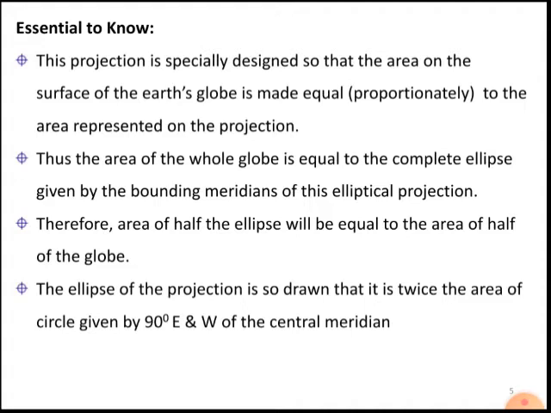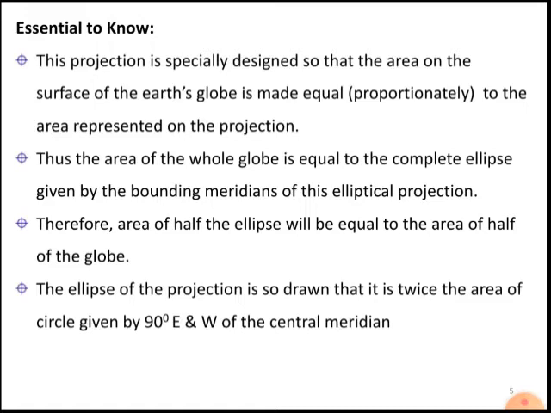This projection is specially designed so that the area on the surface of the Earth's globe is made equal to the area represented on the projection. That is most important. Thus, the area of the whole globe is equal to the complete ellipse given by the bounding meridians of the elliptical projection.